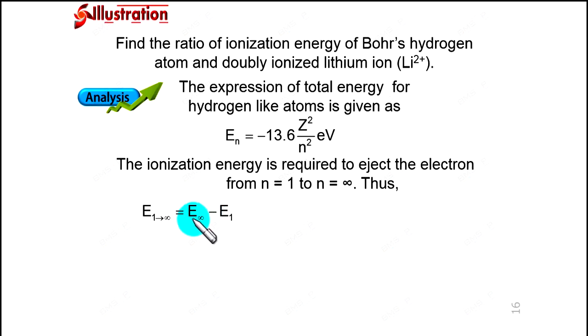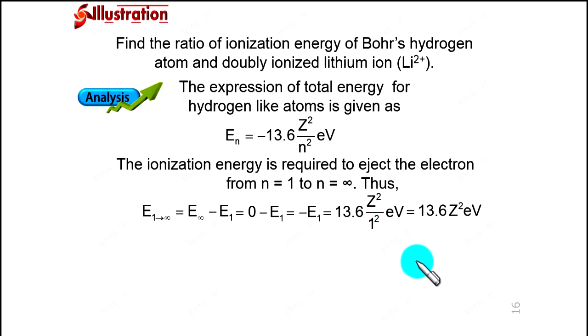So, we should write E infinite equal to 0 and E 1 equal to minus 13.6 Z square divided by 1 square. So, let us write this equal to 0 minus E 1. Now, we can write this relation, that is minus 13.6 Z square divided by 1 square, right. This one minus minus will be positive. This is the energy required. We can write now this is equal to 13.6 Z square electron volt, right.